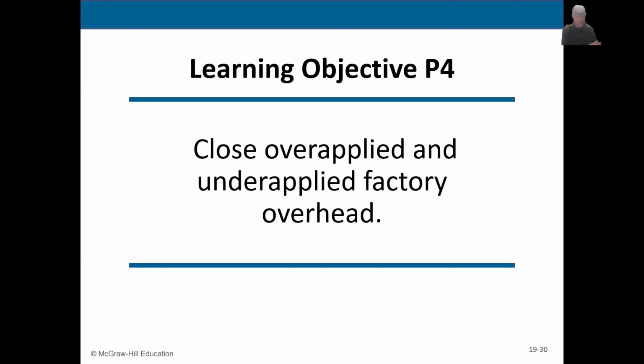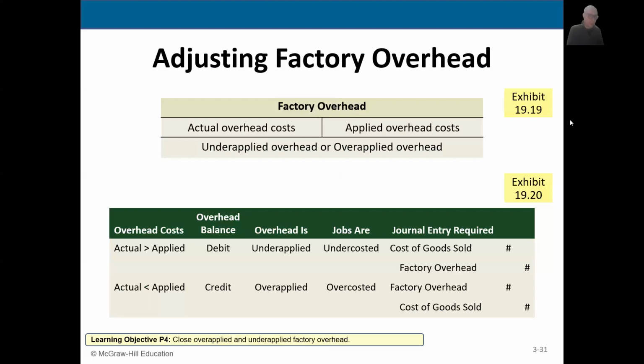You're either going to be over or under the actual overhead based off of your estimate. So we need to adjust based off of that over or under amount. Here's how the adjustment process works.